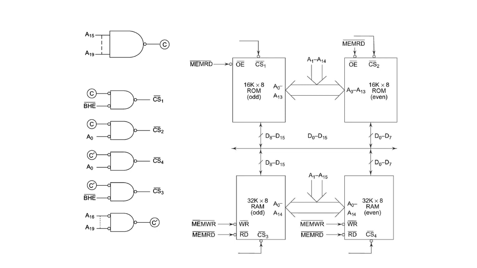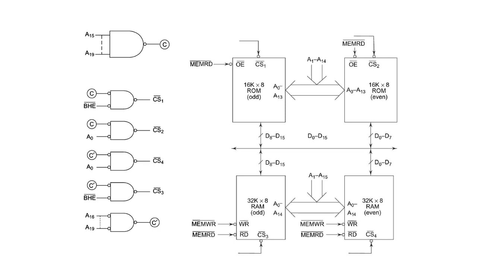So A15 to A19 is given to a 5-input NAND gate which produces the output C, and A16 to A19 is given to a NAND gate which will produce the output C bar. So when C is selected, that means it is the ROM that has to be enabled, and if it is C bar, then it is the RAM that has to be enabled.